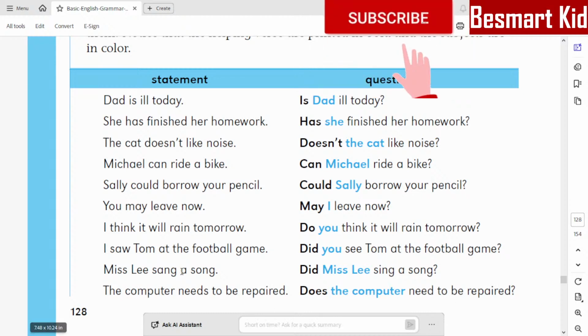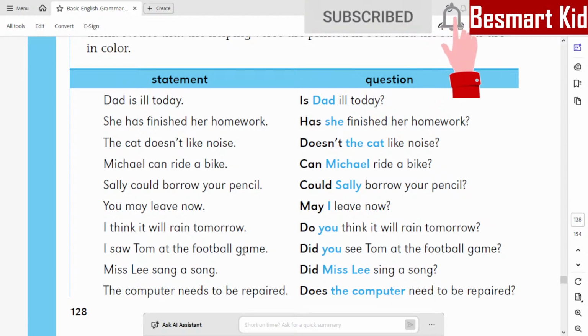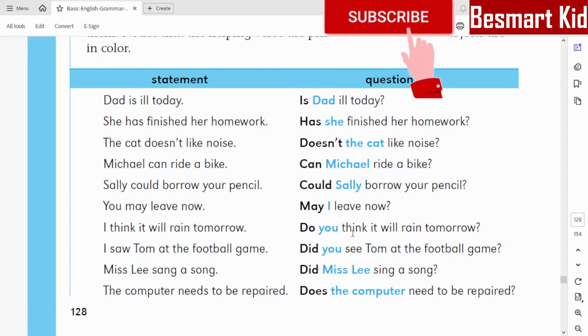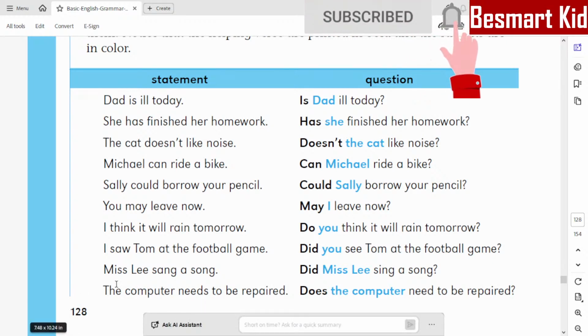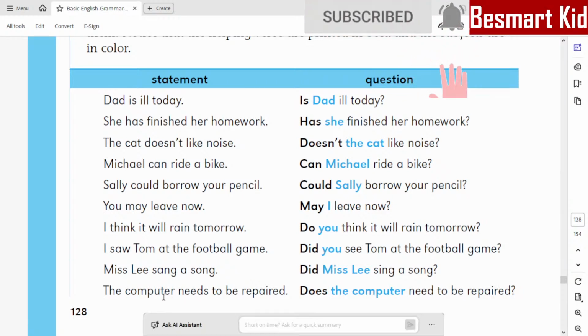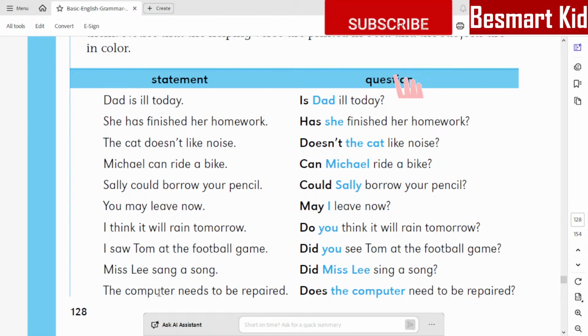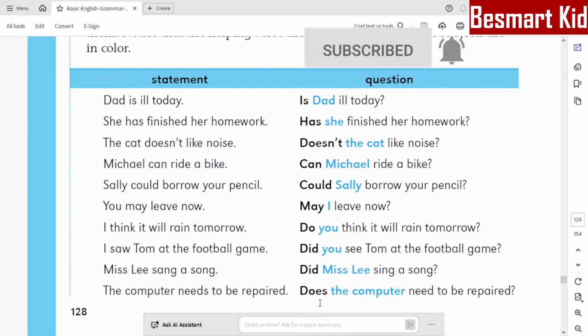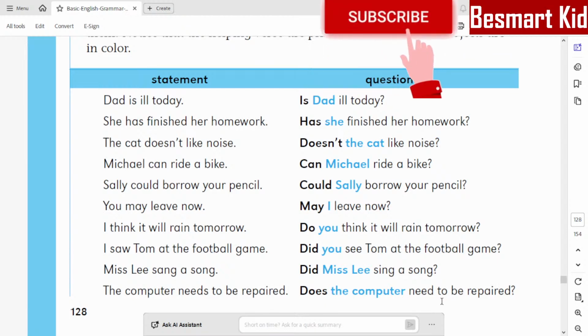I saw Tom at the football game. Did you see Tom at the football game? Miss Lee sang a song. Did Miss Lee sing a song? The computer needs to be repaired. Does the computer need to be repaired?